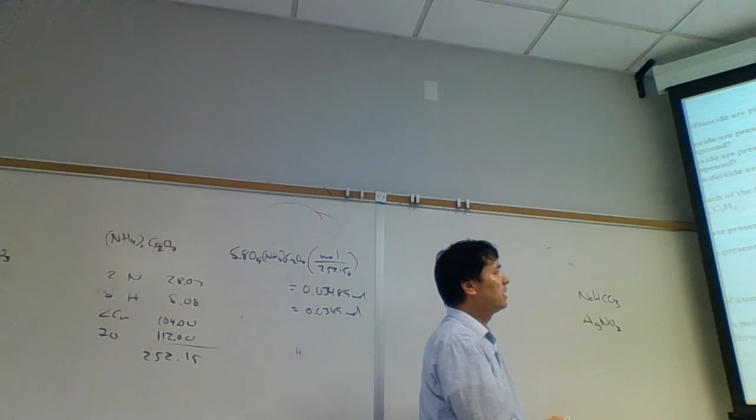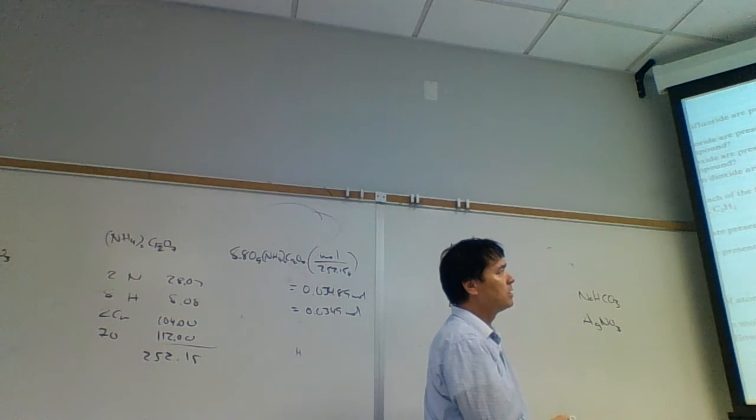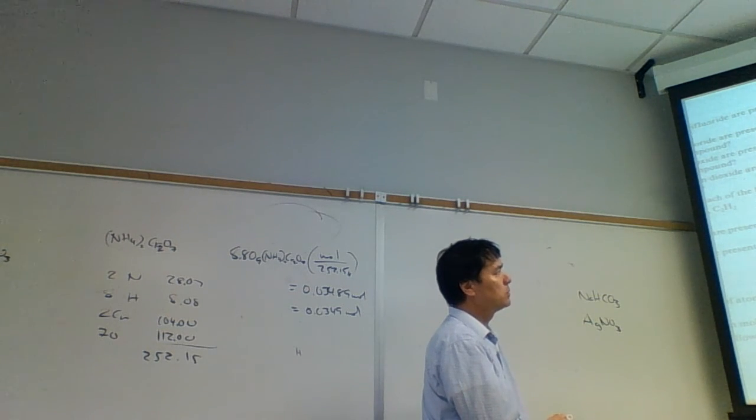Sodium hydrogen phosphate. Now, the problem is: monohydrogen or dihydrogen? Since they didn't specify, I'm going to assume it must be monohydrogen phosphate. And so what's the formula for sodium monohydrogen phosphate?